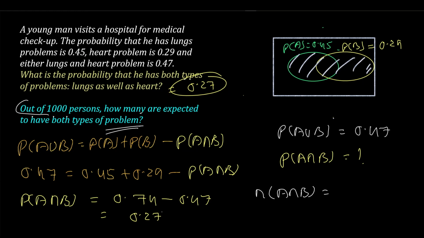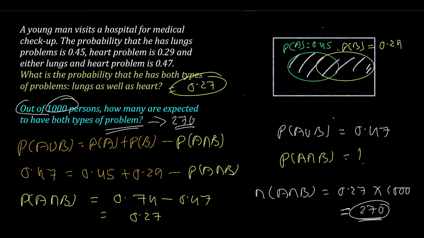The probability is 0.27, multiplied by 1,000. It should give you 270. Out of 1,000 people, there are 270 people having both the problems.